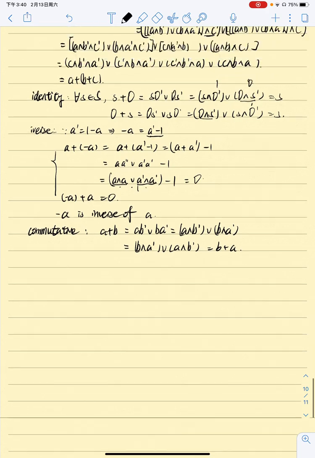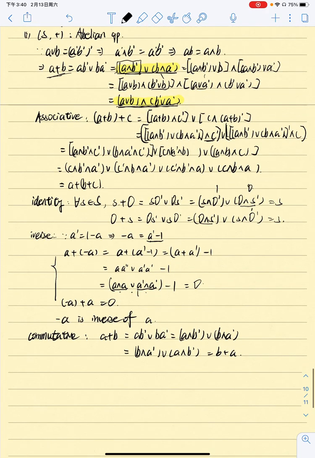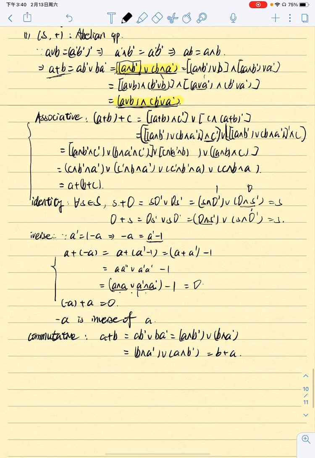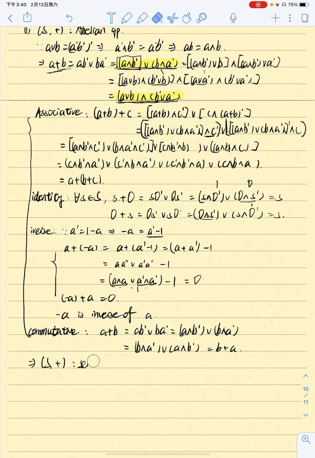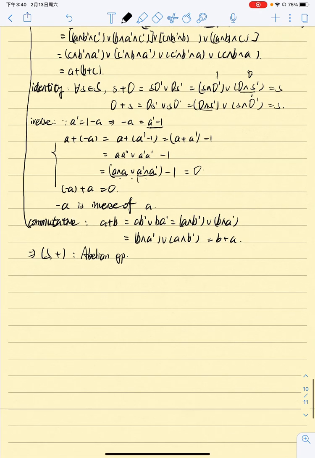And so this shows S plus is an abelian group. And let's show S under product operation is a semi-group.